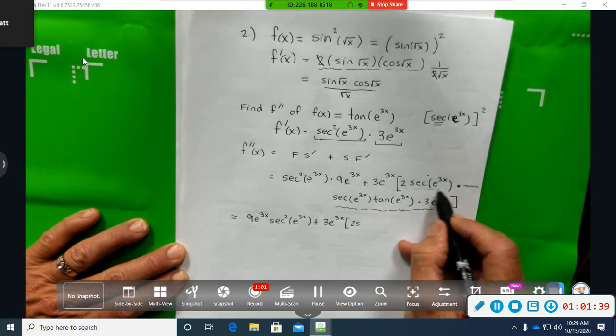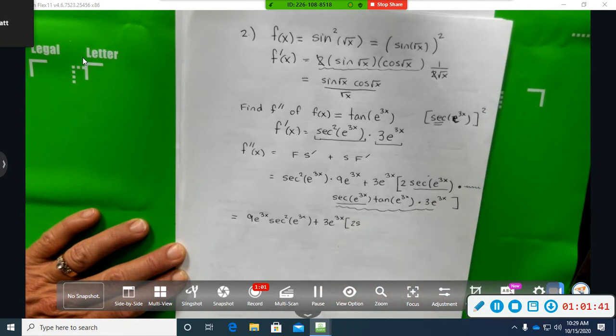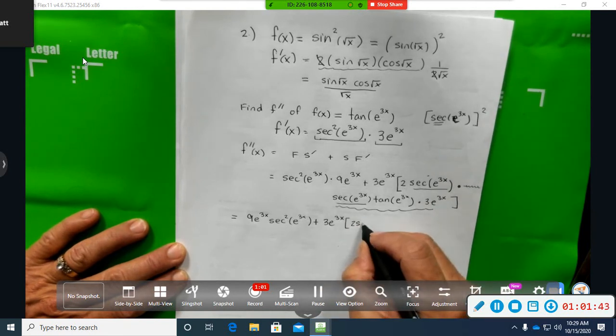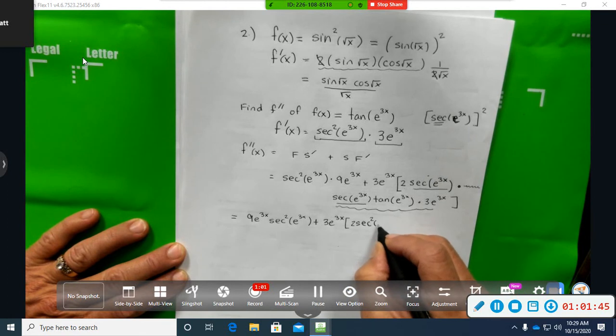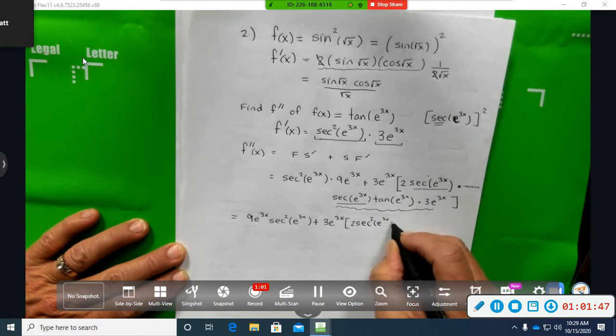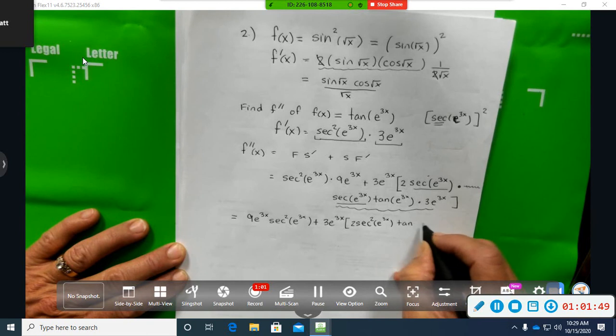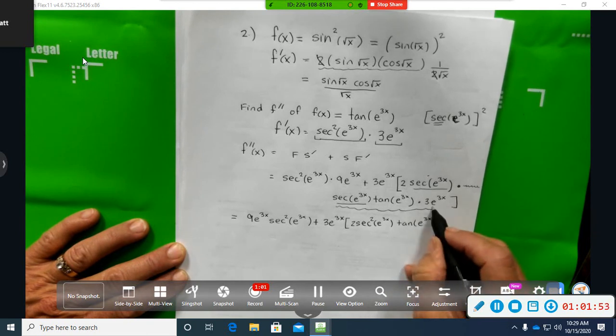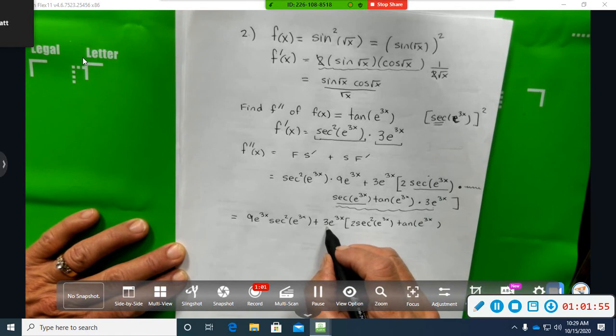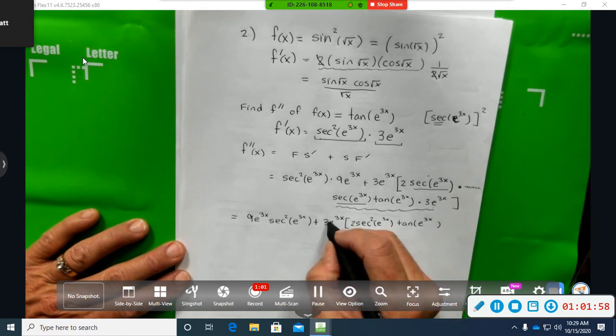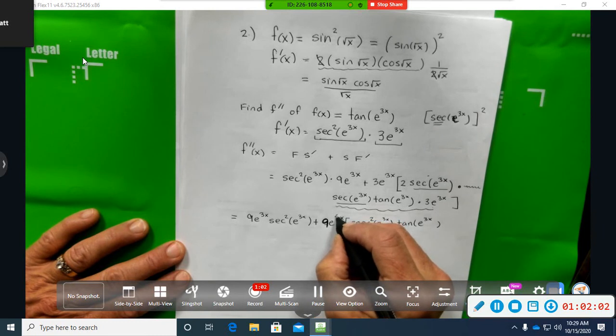I've got a secant of e to the 3x times another secant of e to the 3x. So that'll be 2 secant squared e to the 3x times a tangent e to the 3x. And then I'm going to take this 3e to the 3x and multiply with that 3e to the 3x and get 3 times 3 is 9. 3 plus 3 is 6.